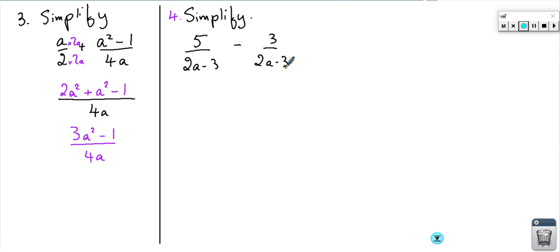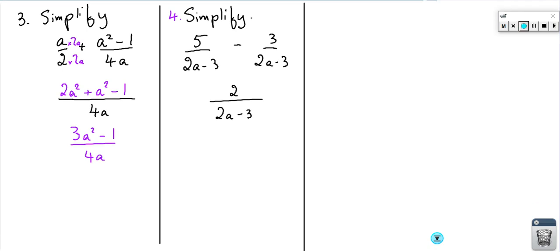As you can see, they have the same denominator. So in this case, there is no need to find another denominator because they are the same. I simply need to add 5 minus 3. So I have 2a minus 3 as the denominator, 5 minus 3 is 2. And that is my final result.